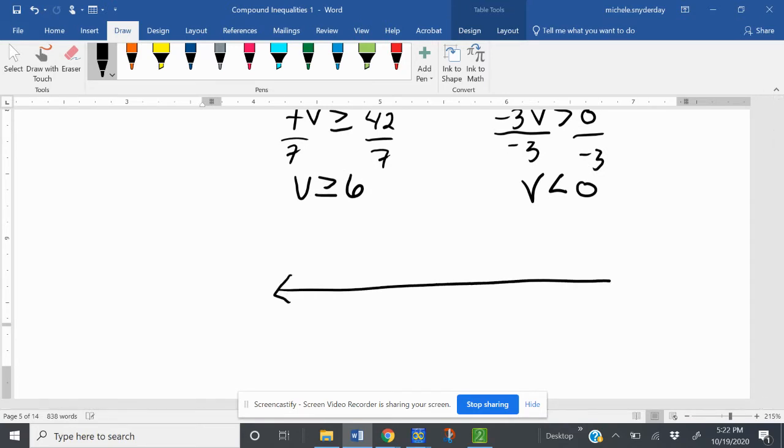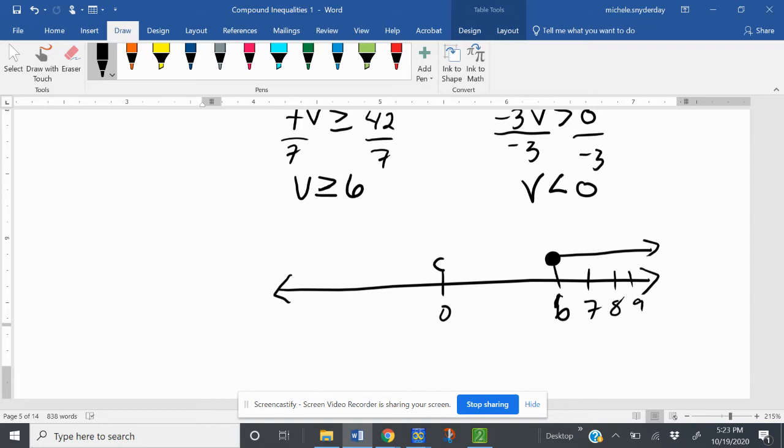So our most important points are 0 and 6. B is greater than or equal to 6, so that means we have a solid dot because it's equal to, and the numbers are getting greater, towards the 7 and the 8 and the 9. The second one, b is less than 0.